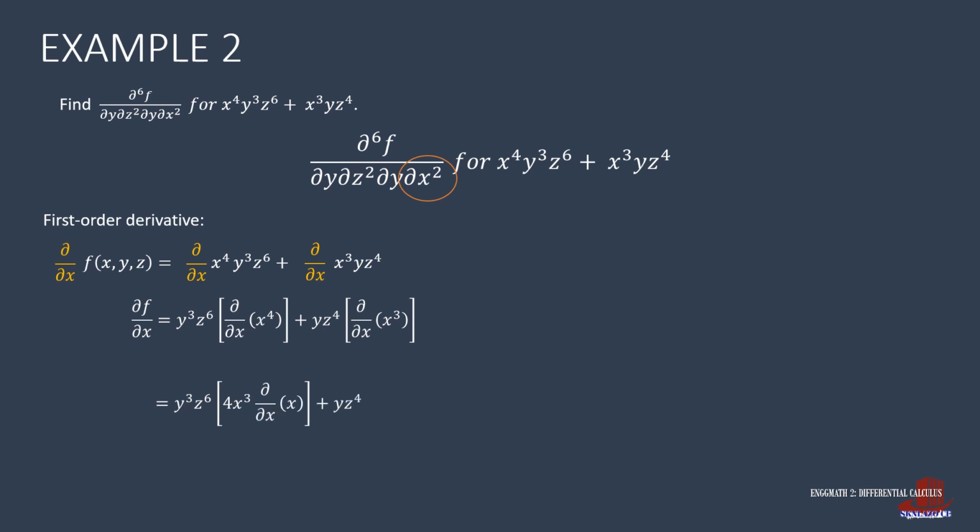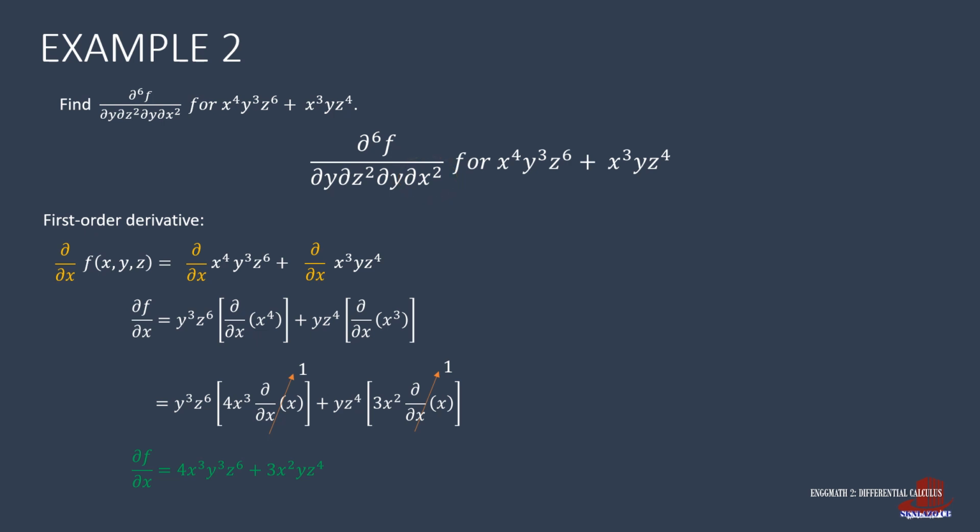Working on derivatives, we get the constant y cubed z raised to 6 times 4x cubed with the derivative of x plus y z raised to 4 times 3x squared with the derivative of x, where dx over dx is 1. Thus, the partial derivative of f with respect to x is 4x cubed y cubed z raised to 6 plus 3x squared y times z raised to 4.